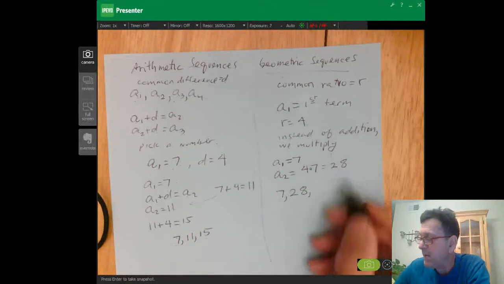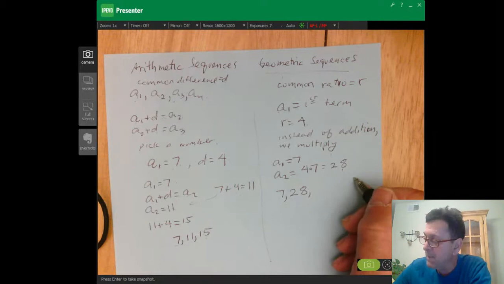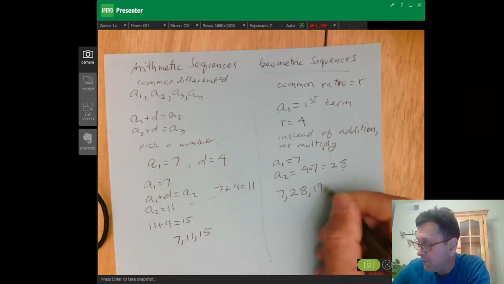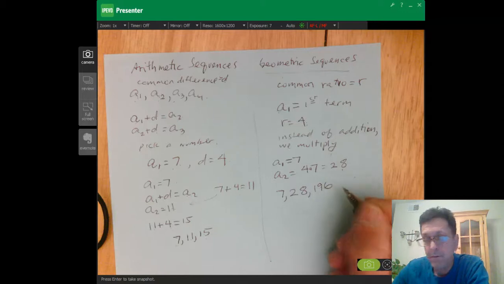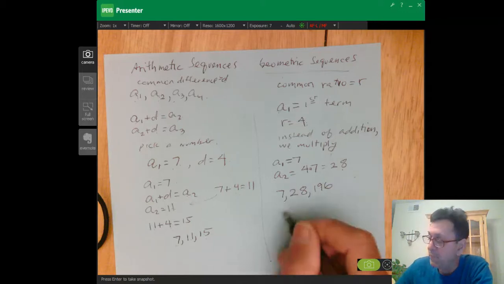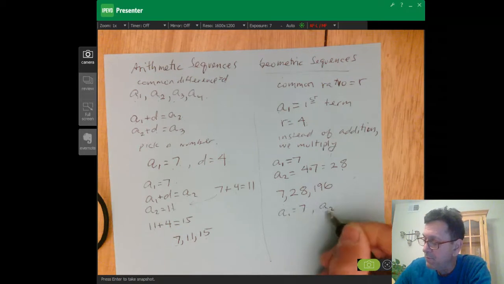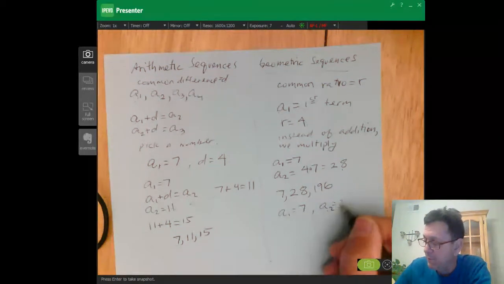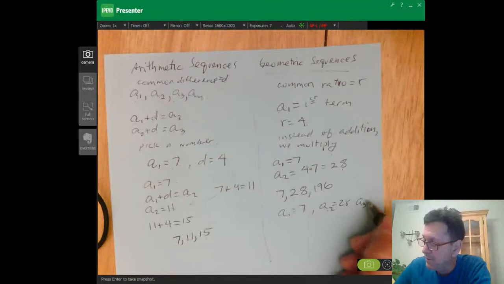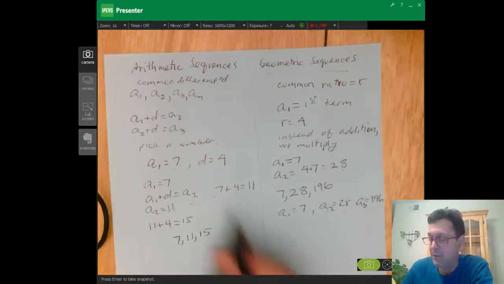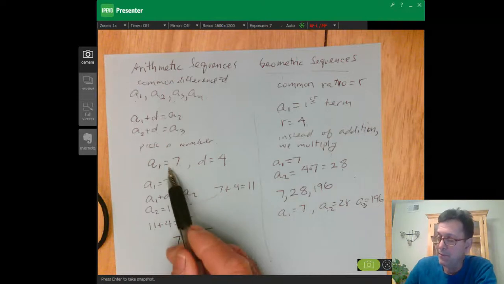And then 7 times 28 is going to be 196. Okay, so A1 is 7. A2, so this is our second term, remember, is 28. A3 equals 196.